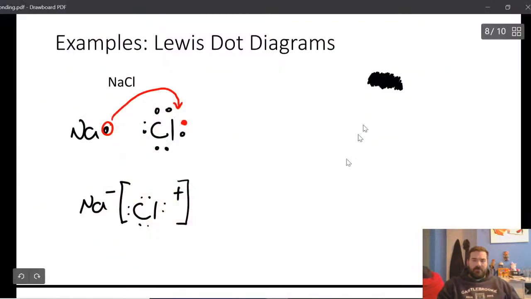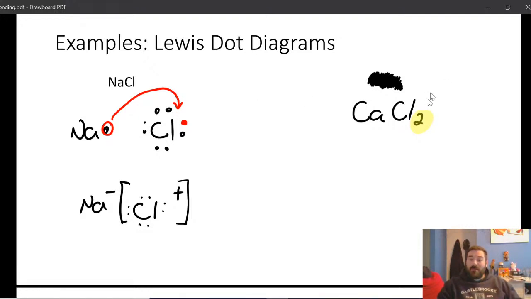Let's do calcium chloride. So calcium chloride is going to be CaCl2. Now, this number on the bottom, this is a subscript. This number that's immediately to the right of the atom indicates how many there are of that atom per calcium.